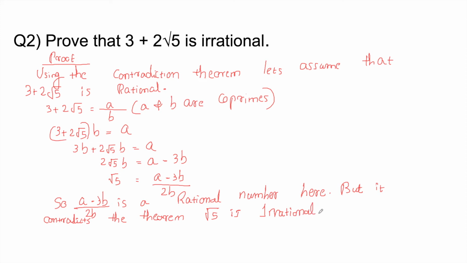Okay, hence 3 plus 2 root 5 is irrational. Okay, so this is the way how we will prove that 3 plus 2 root 5 is irrational.